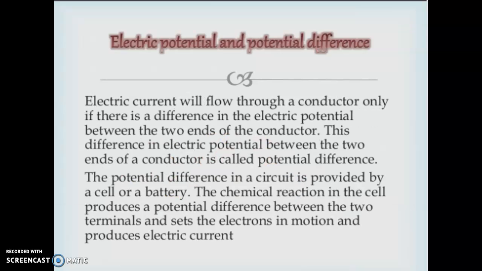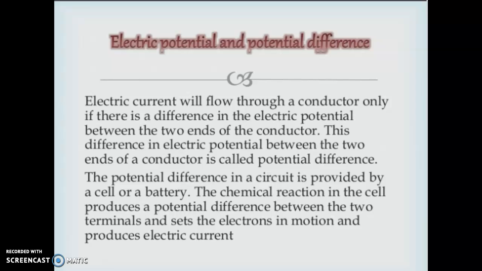The electric current will flow only if there is a difference in electric potential between two ends of the conductor. For example, if we take two bottles, one empty and the other filled, and join these bottles with the help of a pipe, then the water will flow from the filled bottle towards the empty bottle until there is a difference in the height of water levels in the two bottles.